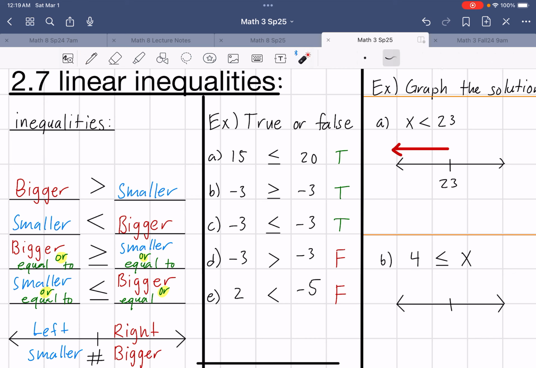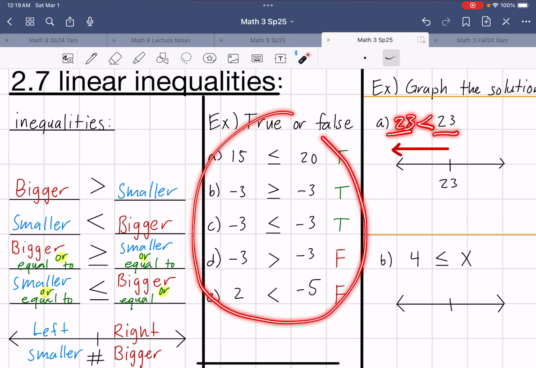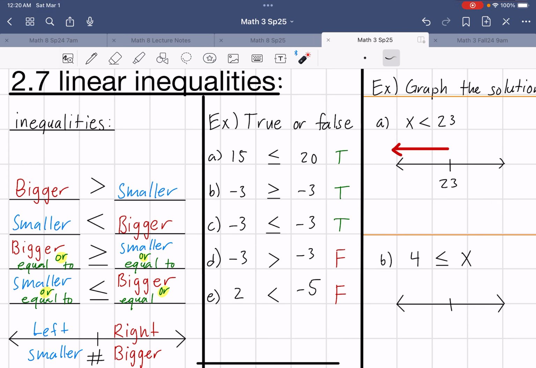But something you have to ask yourself is, what about 23 itself? Is 23 itself part of this solution? And just like how we did with true and false, you should recognize that 23 is not smaller than 23. But how do I indicate that I don't want it part of my solution, right?